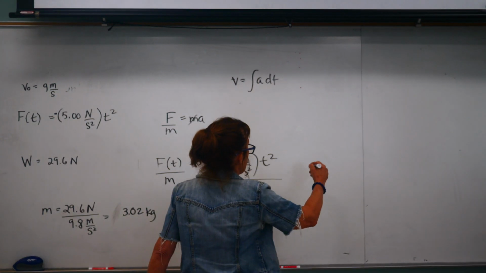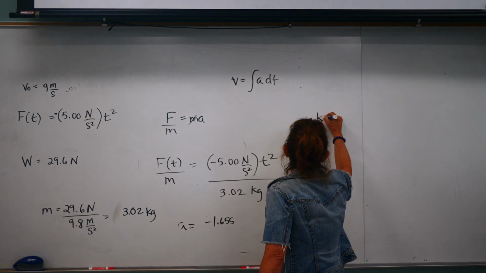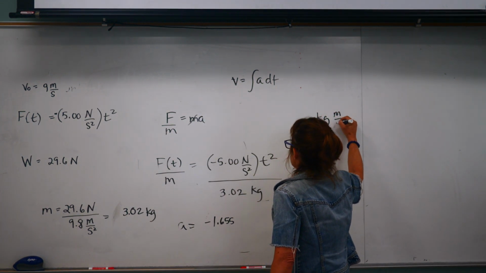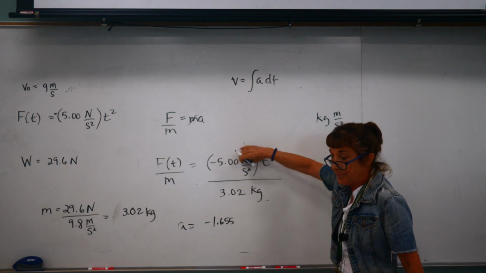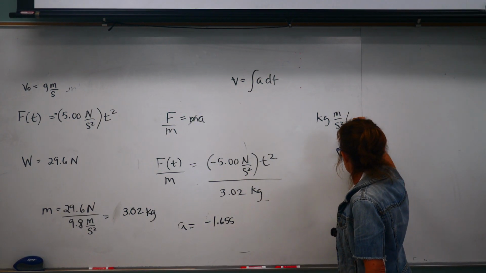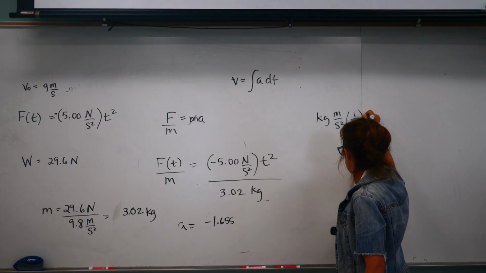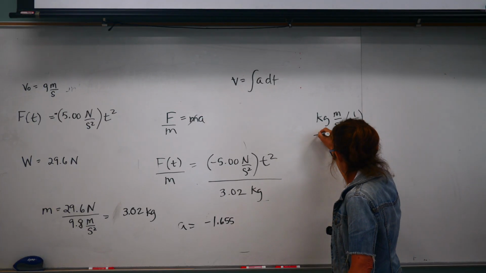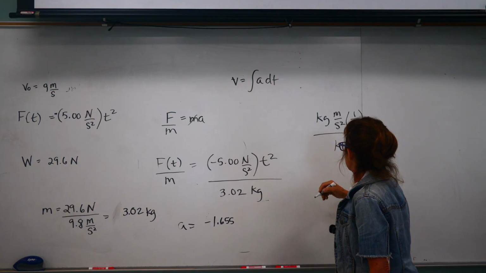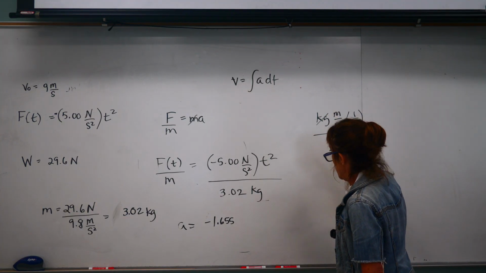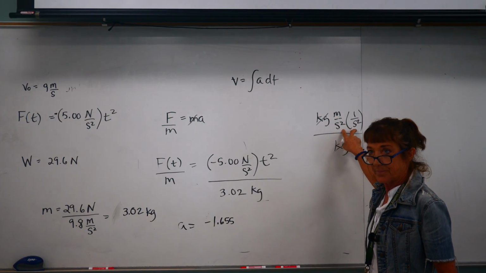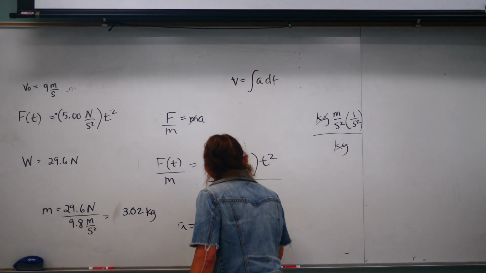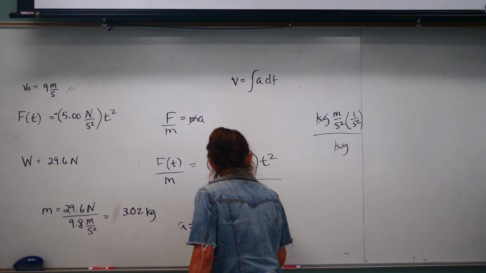So if I do kg meters per second squared for the newton, now I've got that term. So I'm going to do a 1 over second squared, and then divide by a kg. So my units here are meters over seconds to the fourth, right? And then I've got a t squared.